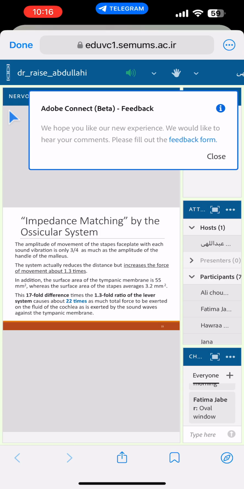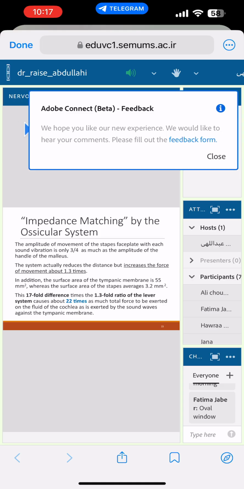One important function of the ossicular system, the small bones in our middle ear, is impedance matching.